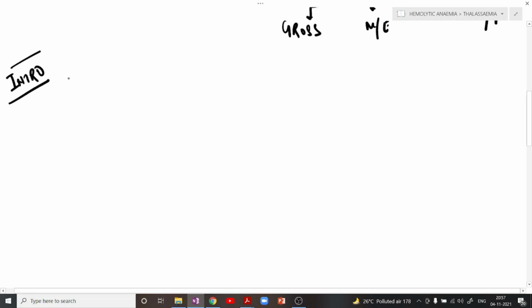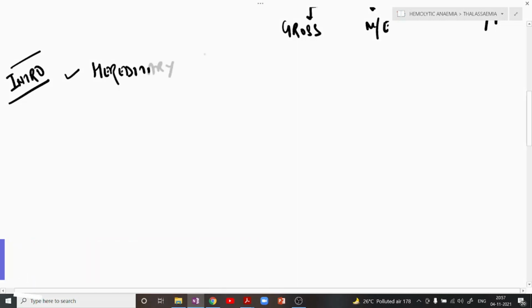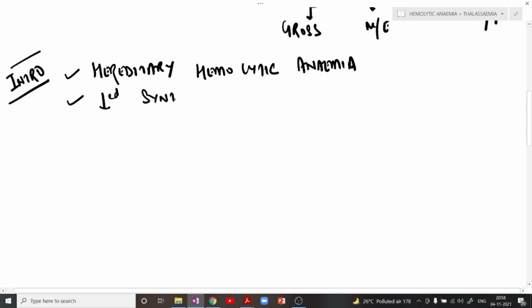So thalassemia, as we know, is a hereditary hemolytic anemia, and it is classically characterized by decreased synthesis of hemoglobin because of decreased globin chain synthesis.